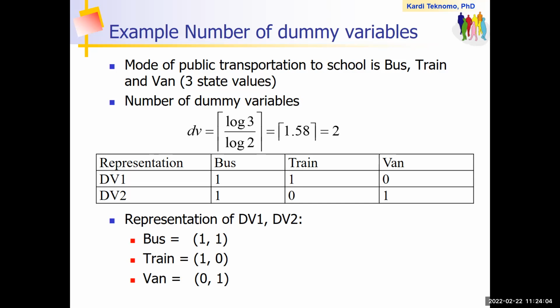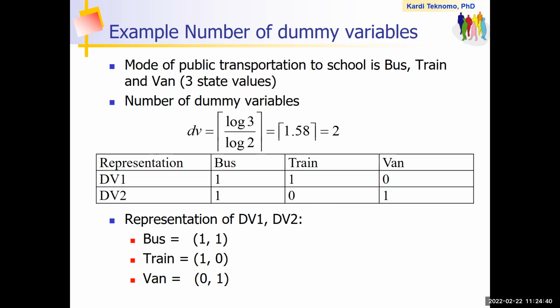Then you can assign anything. For example, dv1 is 110 and dv2 is 101, so bus is 11, train is 10, fun is 01. Again, the assignment is arbitrary. For example, you can say train is actually 00. That is okay.